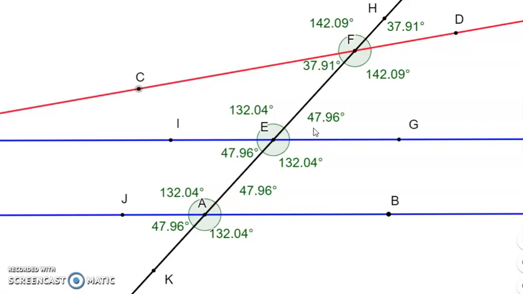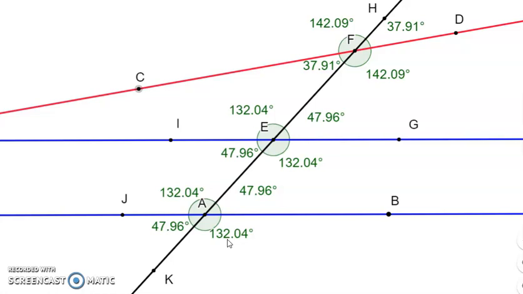But notice what happens for these angles when the lines are parallel. Angle IEF, which is 132.4, equals angle JAE, which is 132.4 degrees. All right, those would be corresponding angles. Angle IEF and angle KAB are also 132.4.